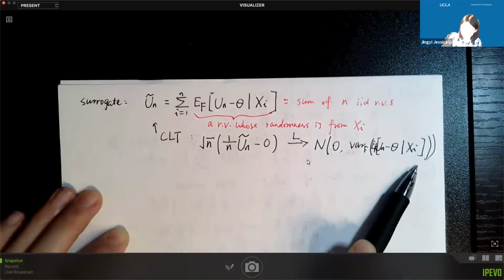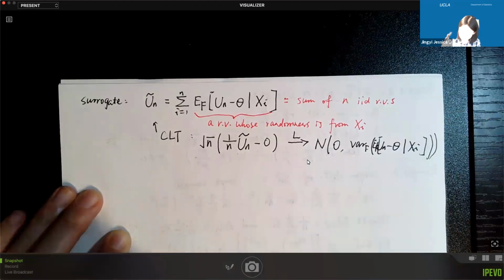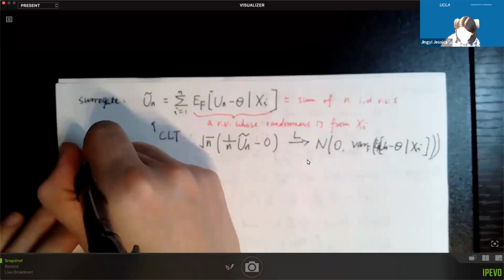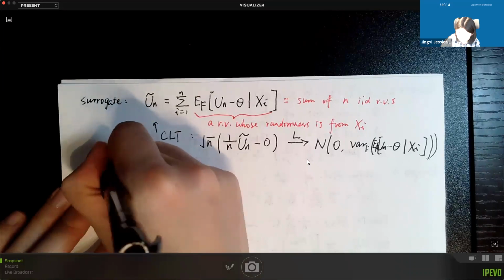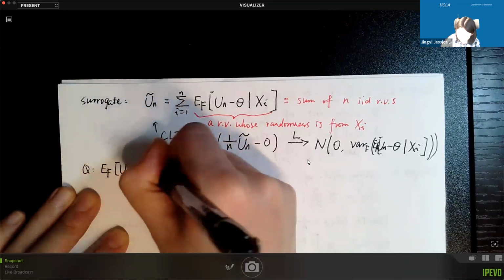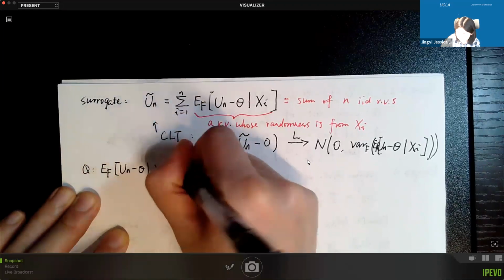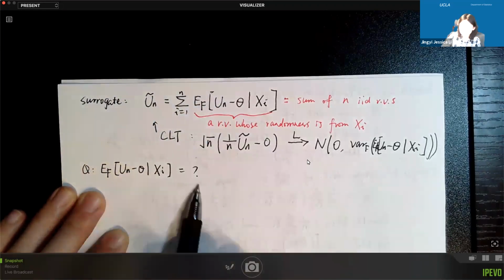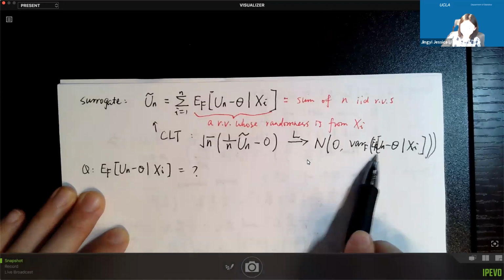So now I need to calculate this. The question is, what is the expectation of U_N minus theta given X_i? I need to know this so I can calculate its variance.